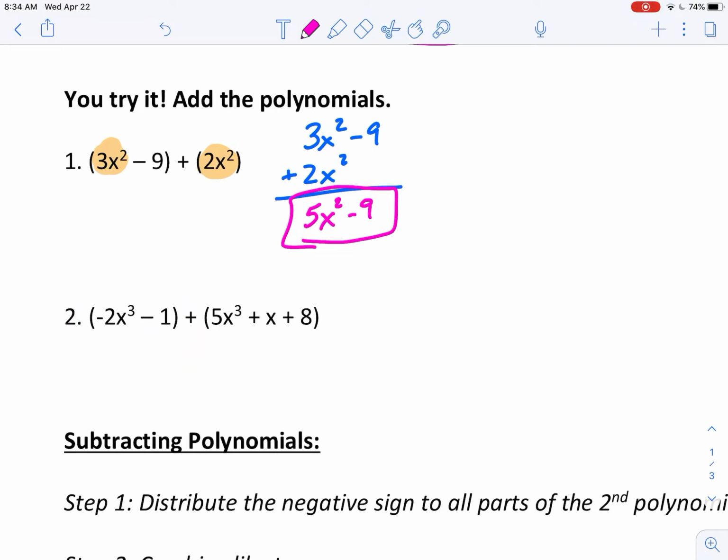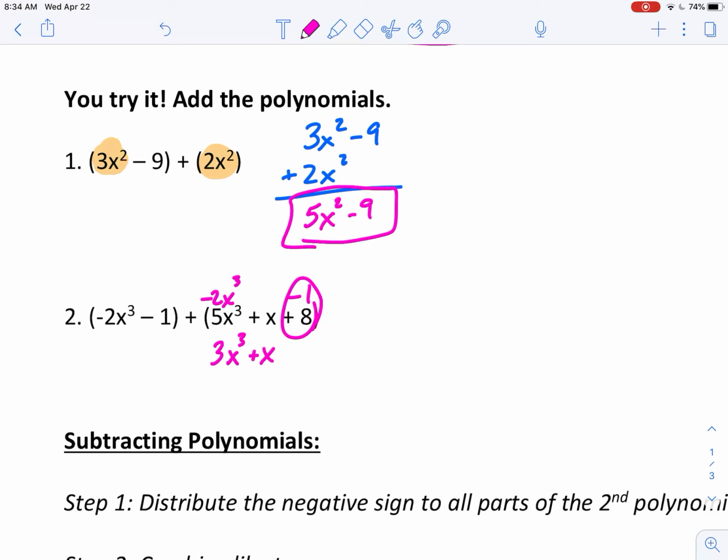Be careful about this negative. All right, so let's line up our like terms here. And you can always put that one underneath the second polynomial. So I can put this binomial underneath this trinomial if I want.